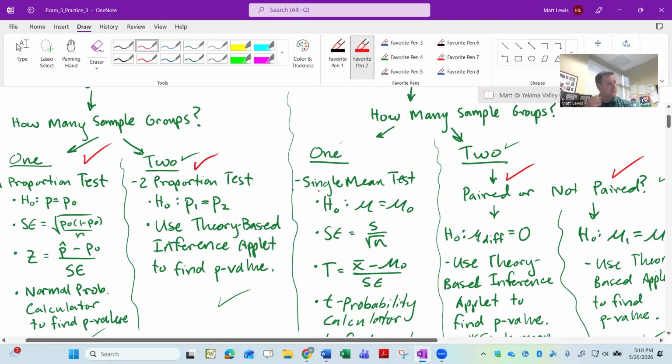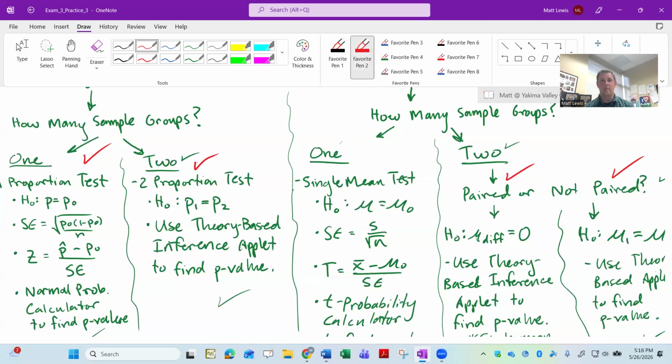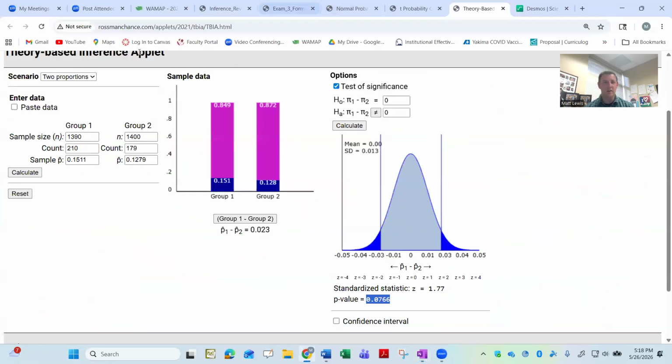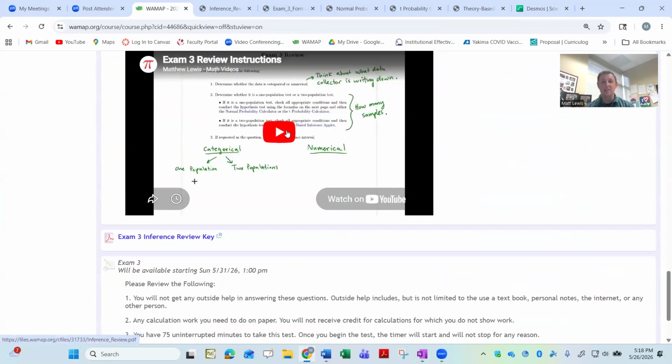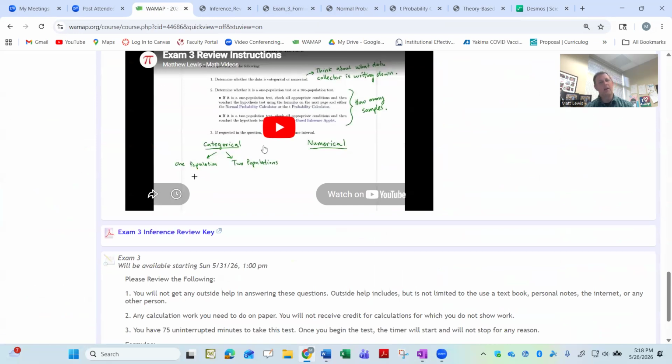You're going to have lots of examples of these as you go through your inference review packet. So I just want to emphasize again, going back here, get started on this early. Watch this video ahead of time. If that flow chart really made sense to you, I kind of redo the flow chart here, so if you want to fast forward through that, if you're feeling really comfortable, that's fine.